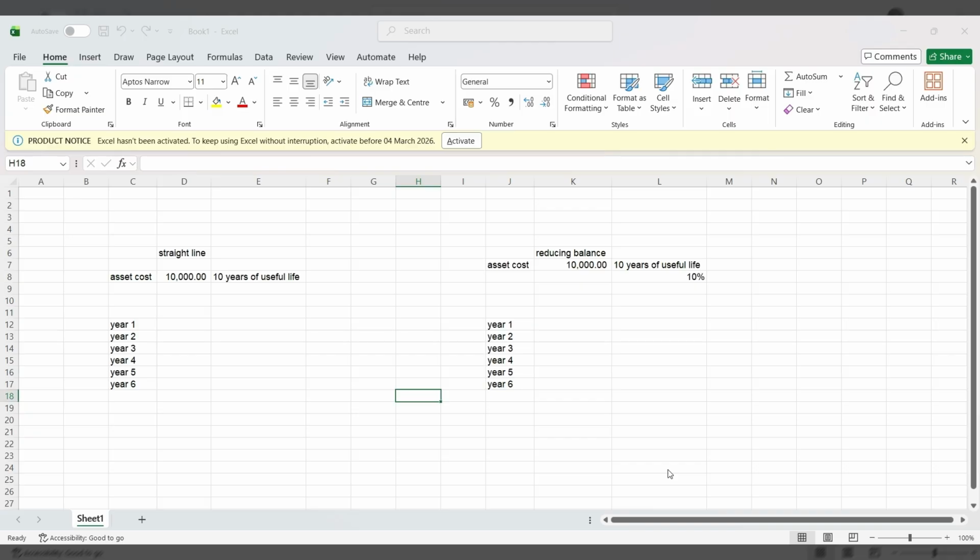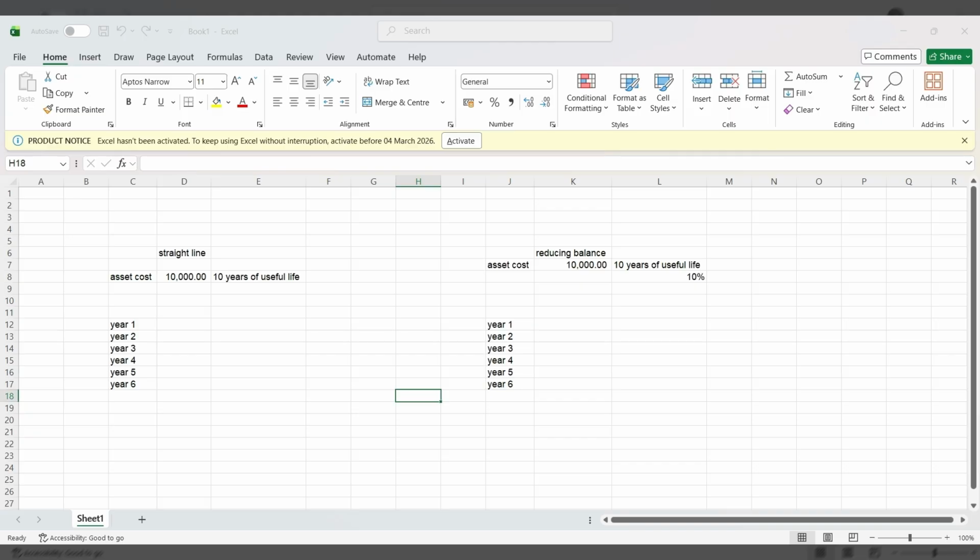So, what is depreciation? The whole point of depreciation is to spread the cost of a tangible asset over its useful life. This happens because of wear and tear, age, sometimes obsolescence. For example, technology, this probably happens in the software side a lot where new technology just replaces it.